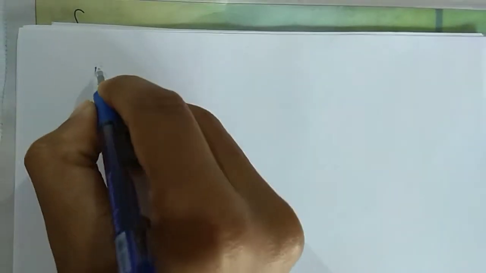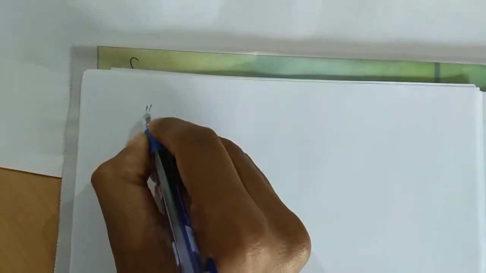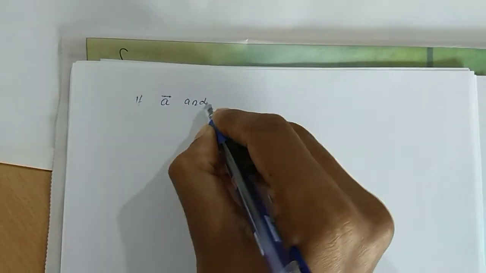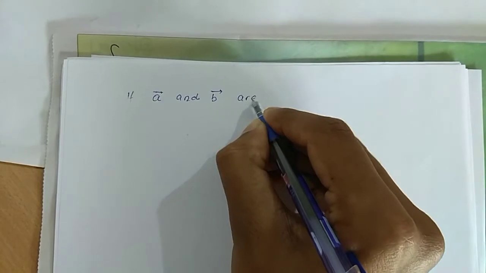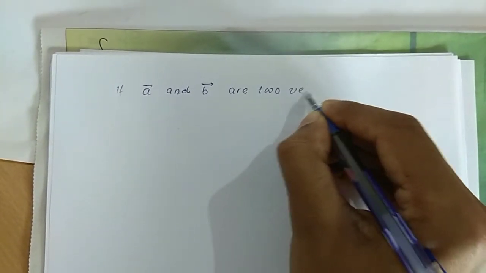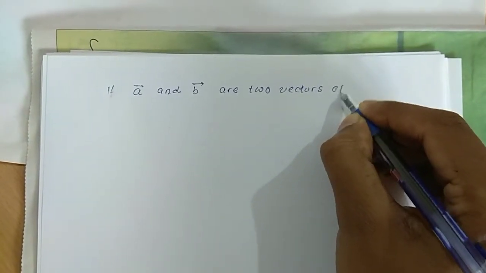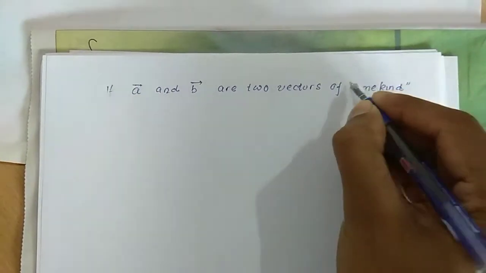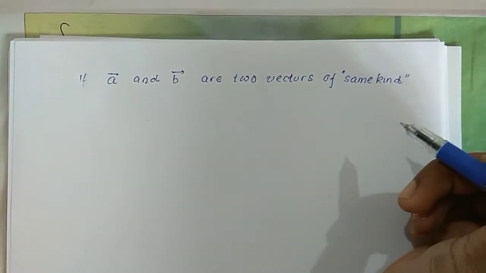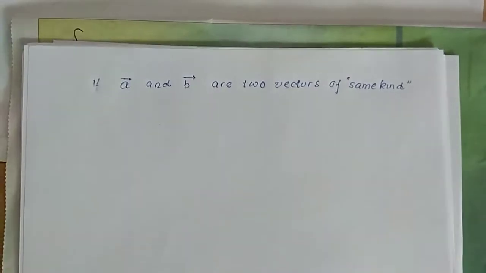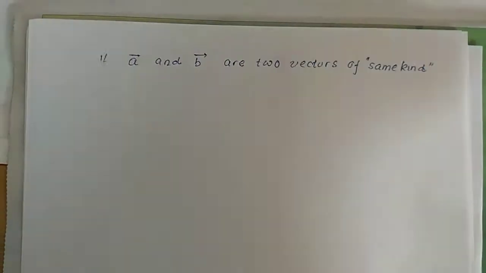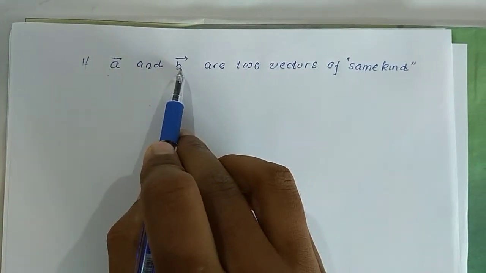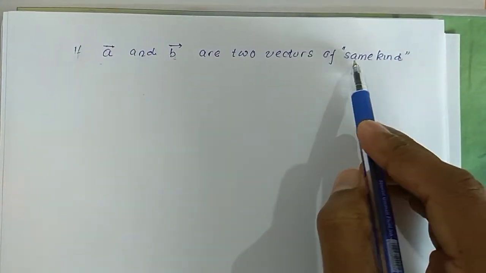If A and B are two vectors of the same kind, meaning both are like vectors, that is, if A is velocity then B is also a velocity vector, or force vector, acceleration vector, electric vector, such sets of vectors are called the same kind.